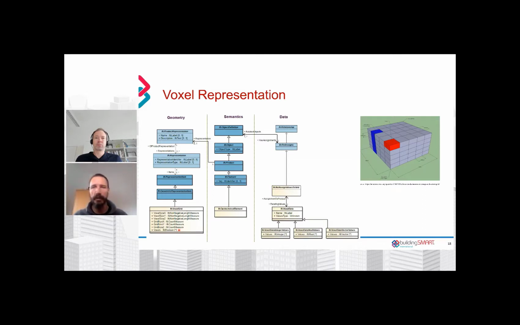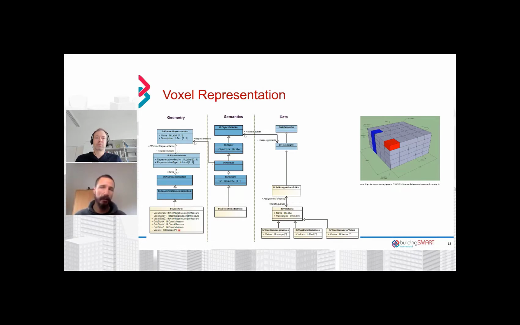Lars already mentioned this yesterday as an addition to products, where the product and the product data can be combined, and the product data then, through being assigned to the grid, uses the same geometric representation, and that means that we have direct access to the actual values, or to the actual voxels, which use the same indexation to apply values to the voxels.